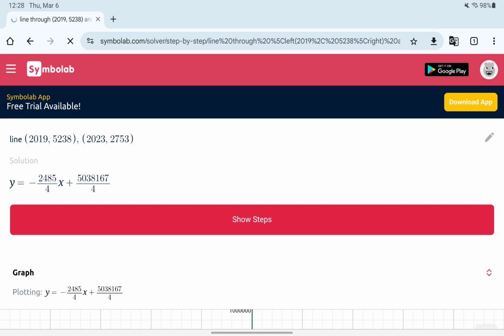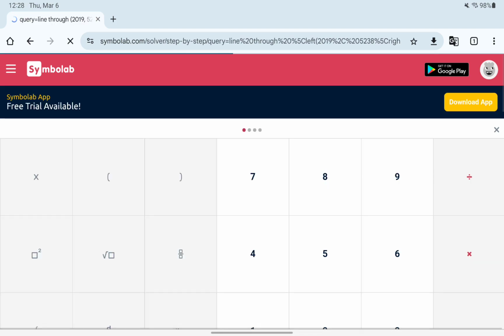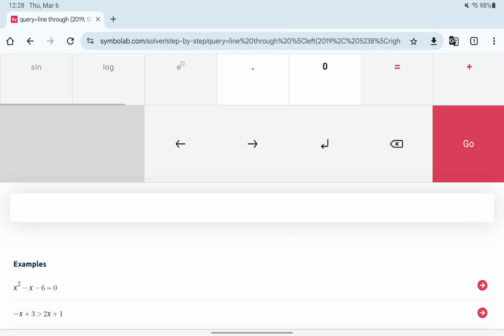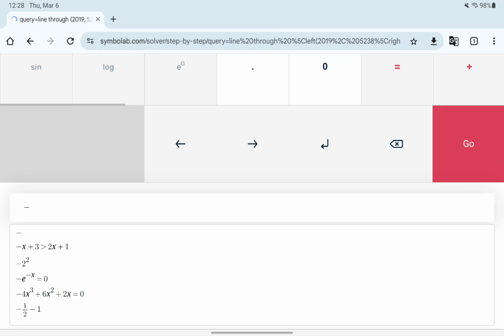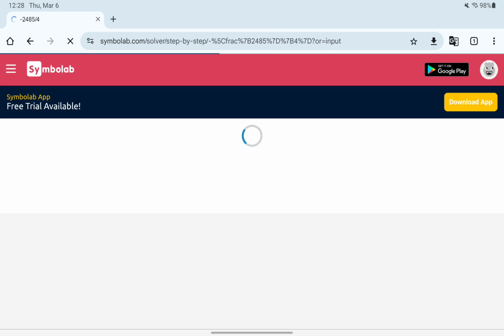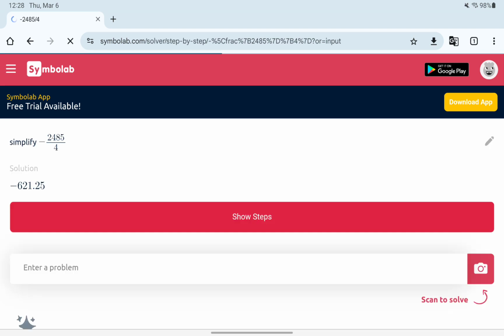If we want to convert those to decimal values, we can do that by going back to our entry field and typing in those literal fractions that were given. And we'll get a decimal approximation for each of those values.